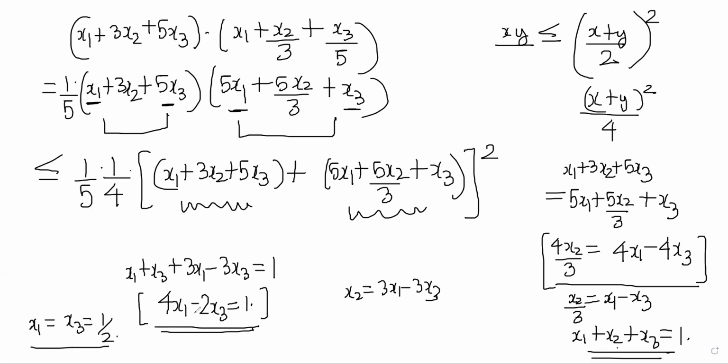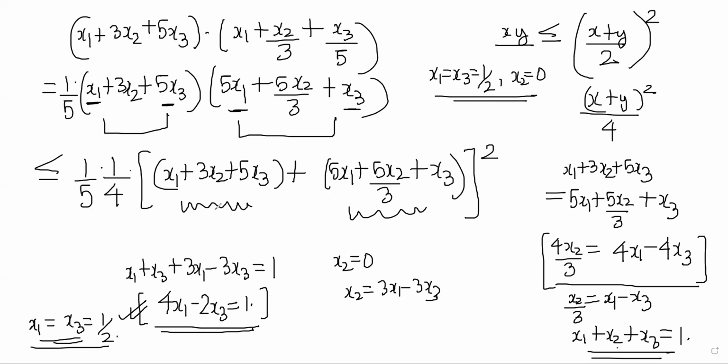Because if x1 and x3 are half, we will get 4 into half, which is 2, minus 2 into half, which is 1, and then this equality is true. And then x2 will be 0. So basically one possible way in which we attain the maximum value is when x1 is equal to x3 is equal to half and x2 is equal to 0.